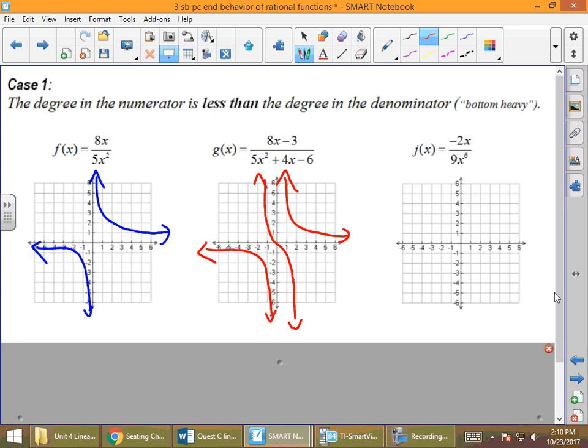And again, as you're drawing this picture, and it really is a rough sketch, as x approaches infinity, as we go to the right in the graph, where is this graph going? Hopefully you're thinking that it's getting closer and closer to the x-axis, which means that it's getting closer and closer to 0.